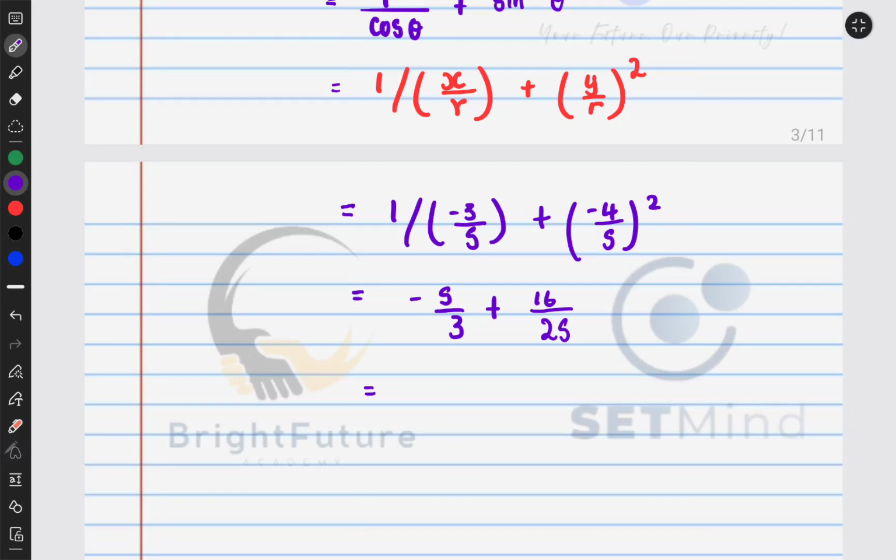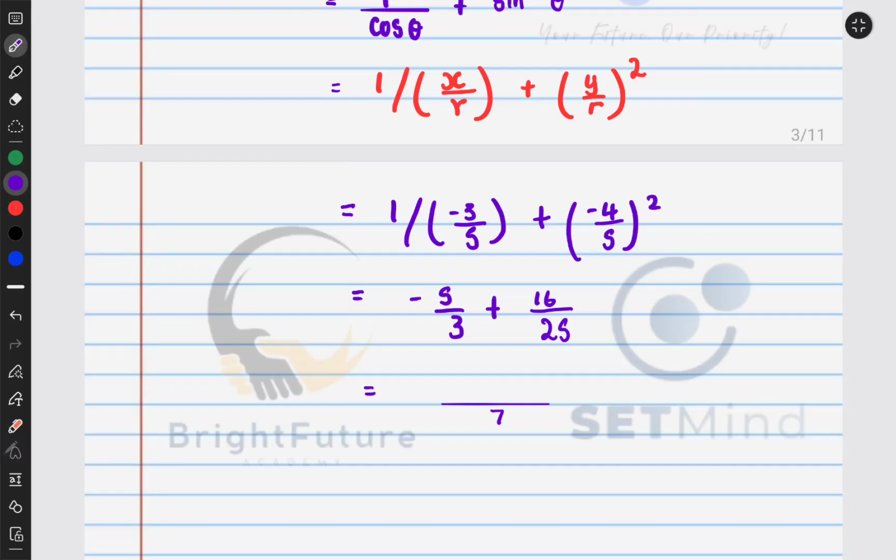First, we have to find the lowest common denominator for these two, which I think should be 75. Let's go with 75.